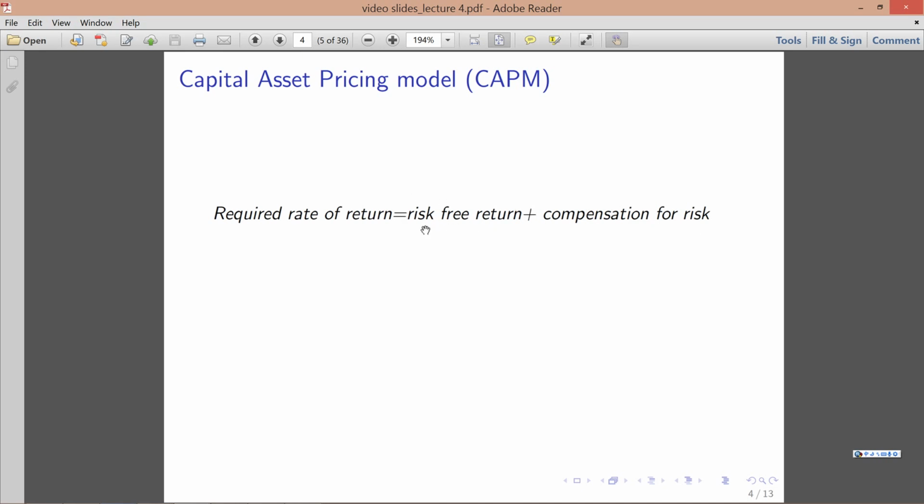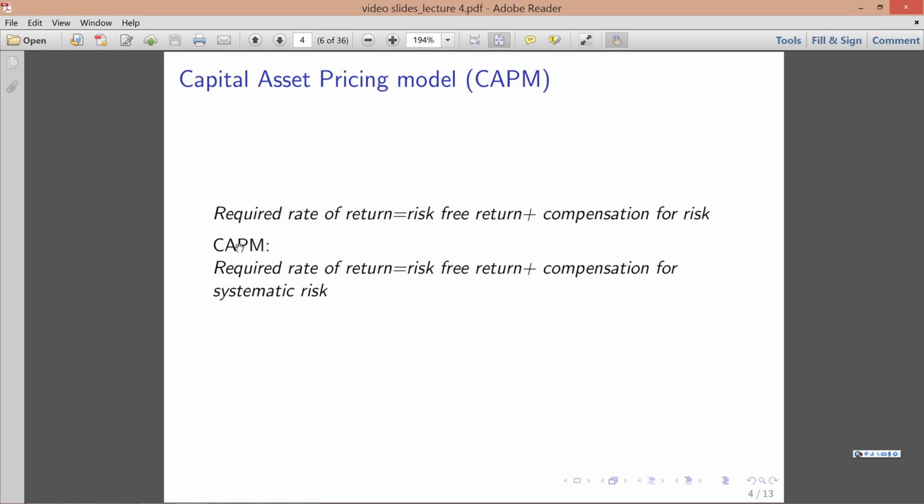It covers the real risk-free rate of return, which compensates for your patience in consumption, and it also covers the inflation premium. The purchasing power of money goes down over time, so you need to be covered for that as well. Compensation for risk is also called risk premium. The higher risk investors take, the higher return we want, because generally we don't like risk. So that is in general.